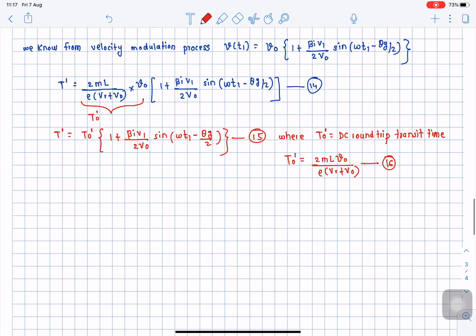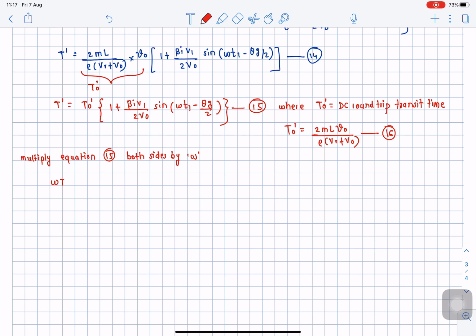So we get omega t dash is equal to omega t0 dash into bracket 1 plus beta I v1 upon 2v0 into sine omega t1 minus theta g by 2, bracket complete.